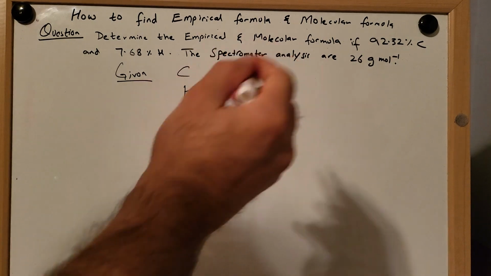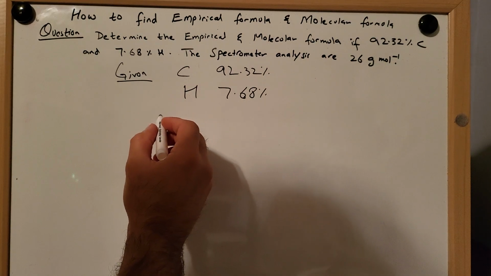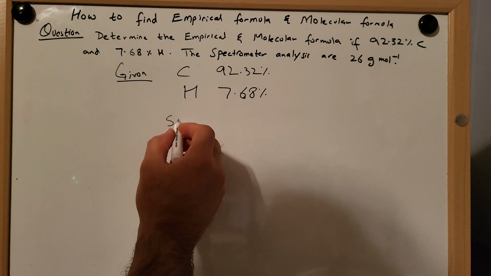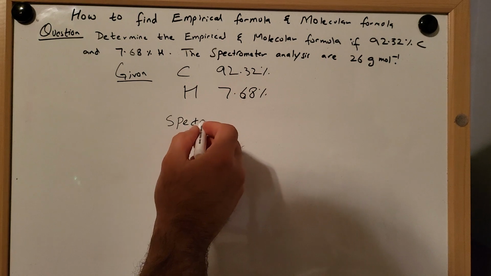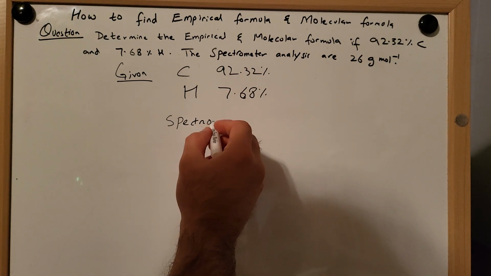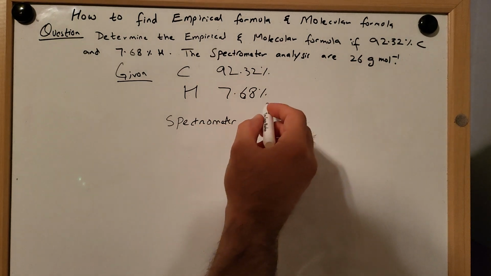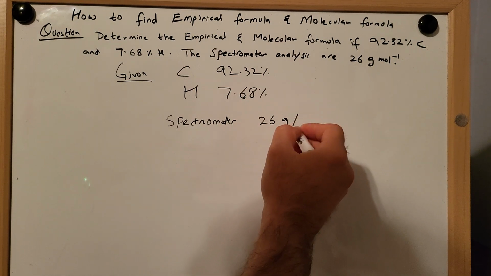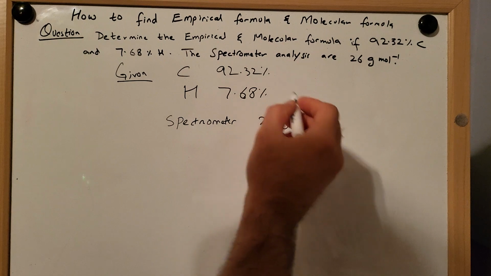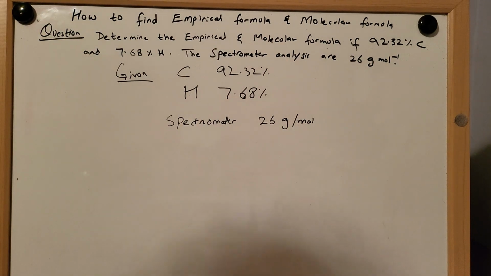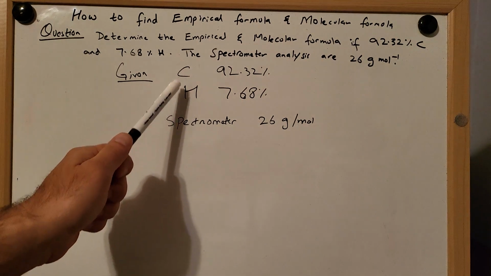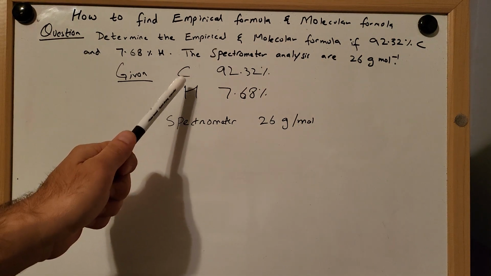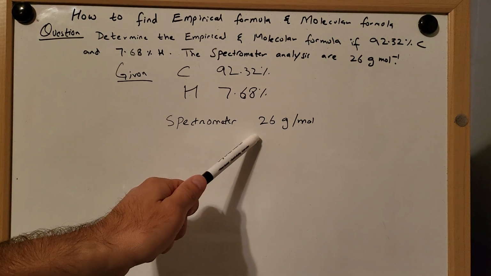And the third thing we are given, the spectrometer analysis, is 26 gram per mole. Okay, so for finding the empirical formula we need these two. To find the molecular formula we need this.